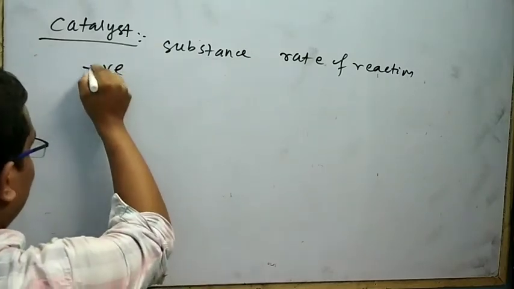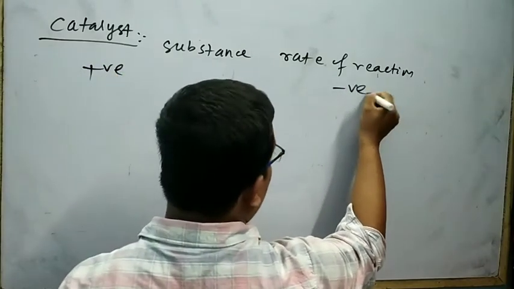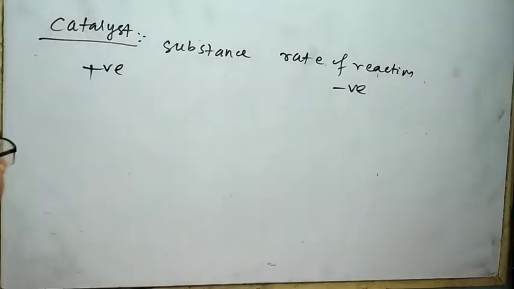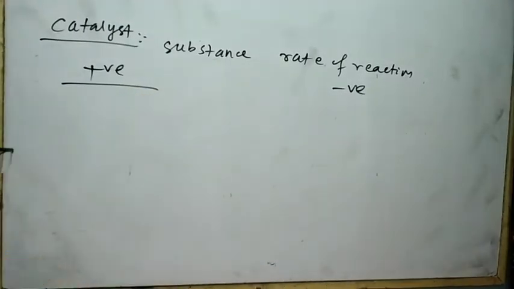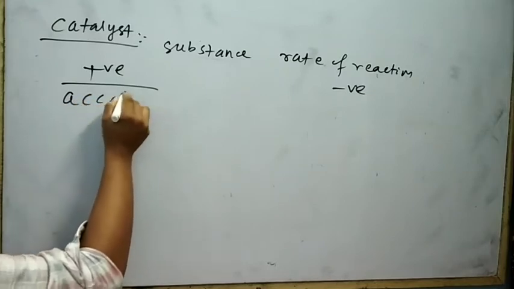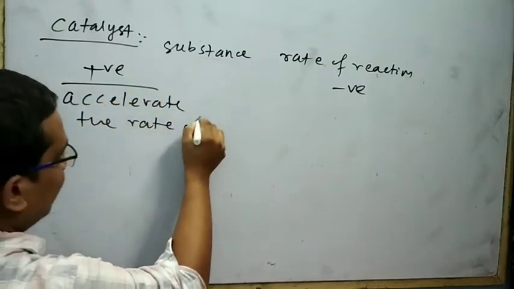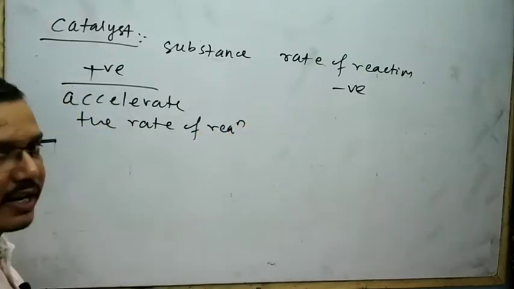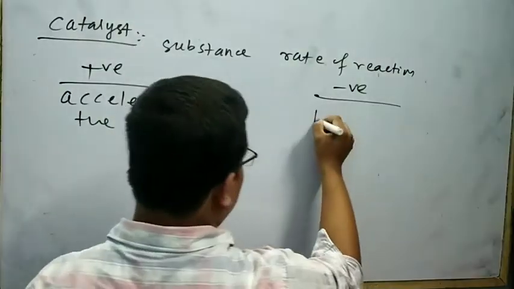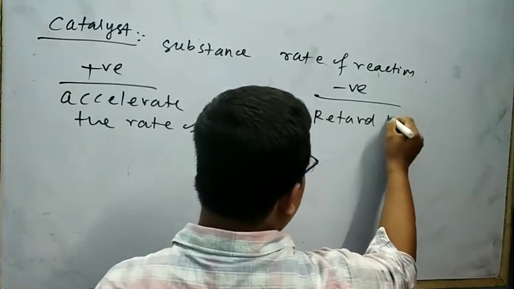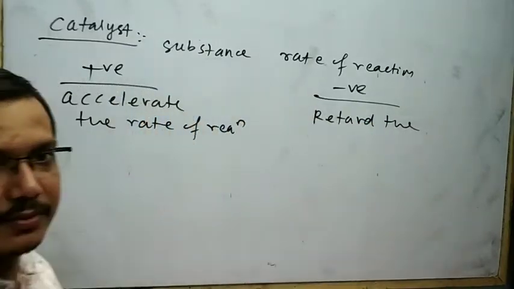One is a positive catalyst, another is a negative catalyst. Positive catalysts are used to accelerate the rate of reaction. On the other hand, negative catalysts retard the rate of reaction.